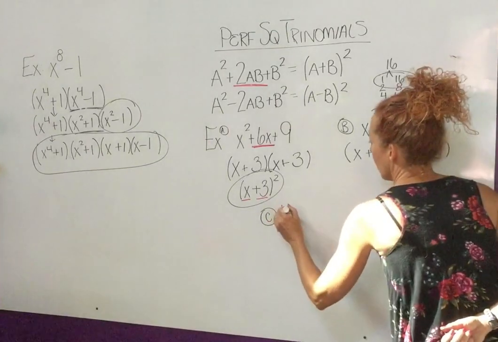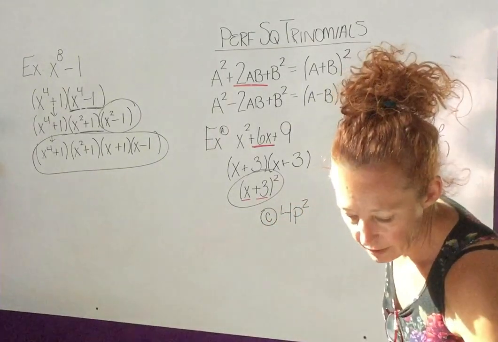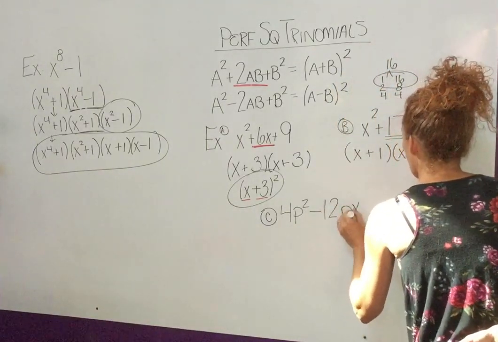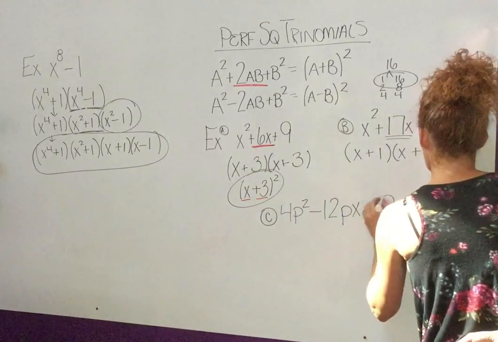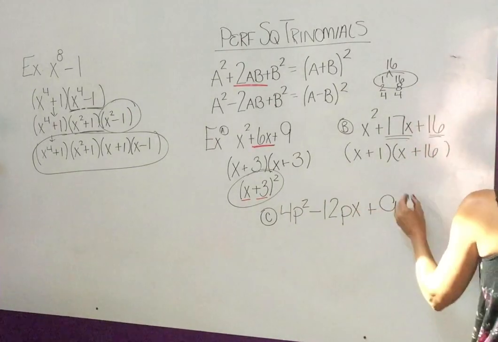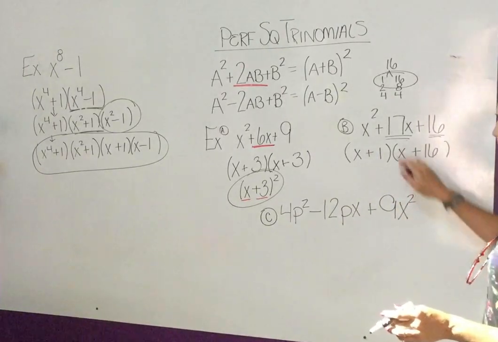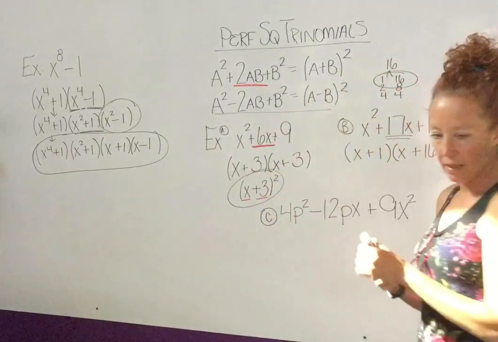I have 4p squared, I already forgot it, minus 12px plus 9x squared. Now, look at this same problem, and let's use this pattern right here.